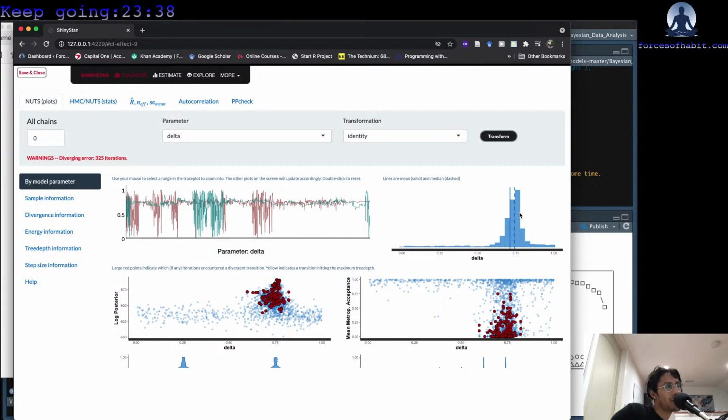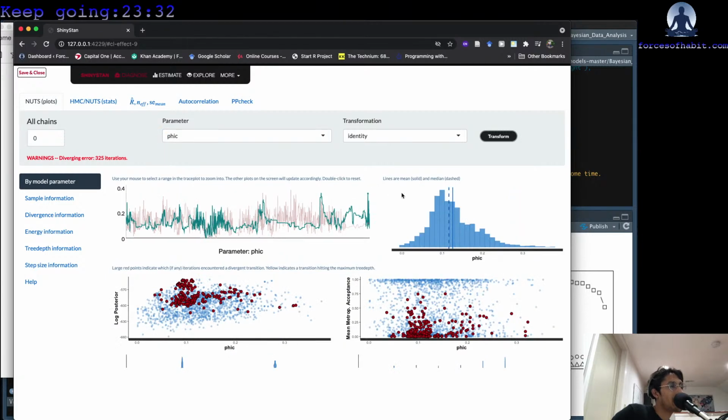Attention towards stimuli. But let's look at this. So this is the contaminant probability, right?